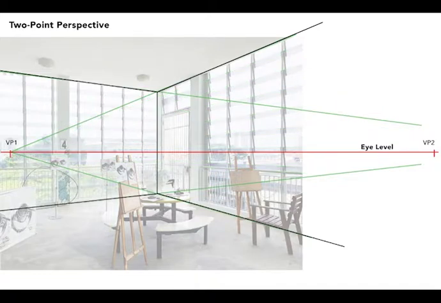So in other words, it's called two-point perspective because there are two vanishing points, VP1 and VP2. And you also understand that not all the time the VP1 and VP2 are within the picture. Sometimes they actually extend outside of your picture area.